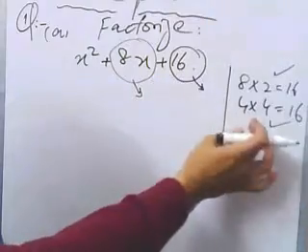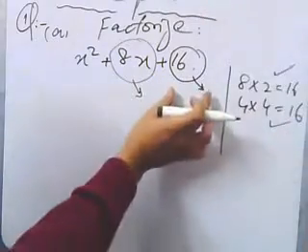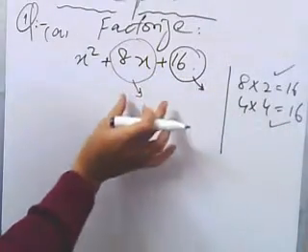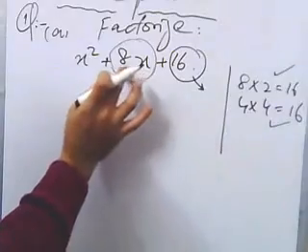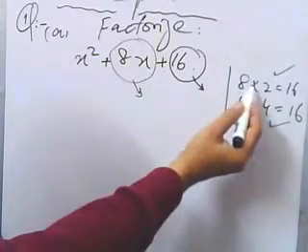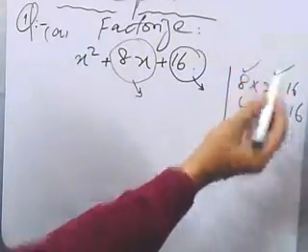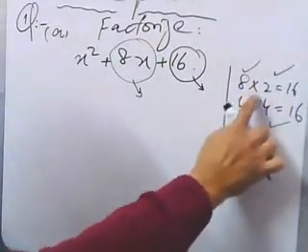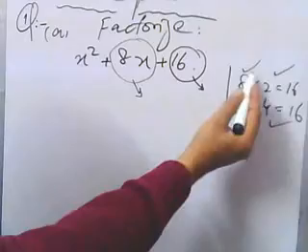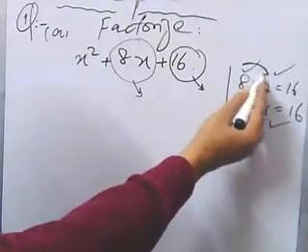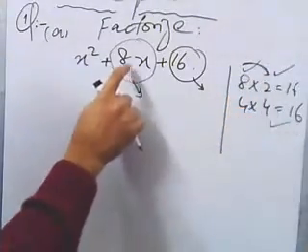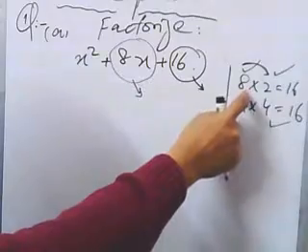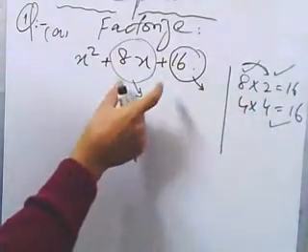For example, 4 4s are 16, by multiplication you will get 16, okay, but by addition and subtraction you will get 8x. If I take these factors, 8 2s are 16, but by addition you will get 10, and by subtraction you will get 6. So this factor is not appropriate for this.